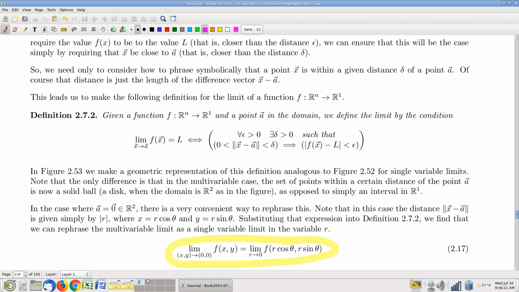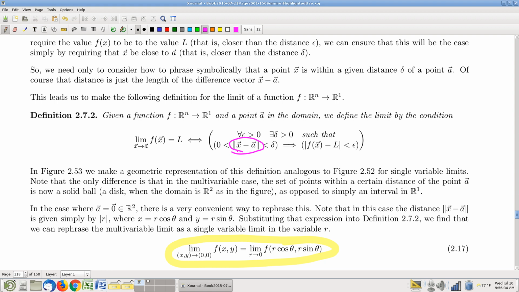Look how very similar this definition looks to the one on the previous page. It's got the same notion of arbitrarily close, sufficiently close. Epsilons and deltas and all that is pretty much the same. Greater than 0, x is not equal to a, all that stuff's the same. The only difference is that it's the magnitude of x minus a as a vector instead of the absolute value of x minus a as scalars.